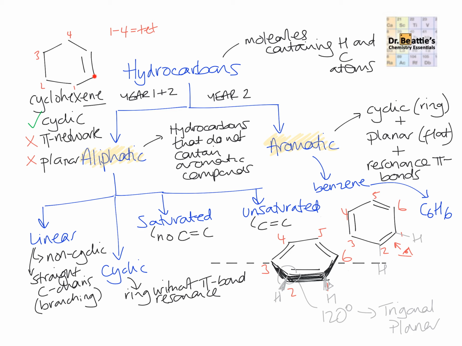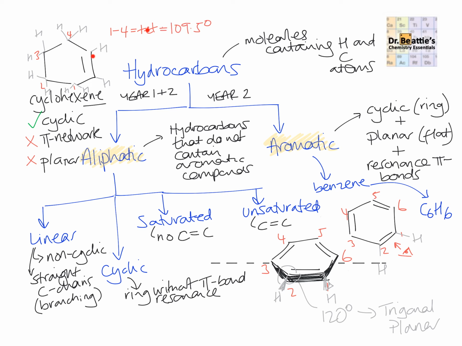I'm also going to add the hydrogens in at positions 5 and 6, so you can see the difference. In positions 1, 2, 3, and 4, we have 4 areas of electron density around the carbon in the middle. So that's tetrahedral with bond angles of 109.5.